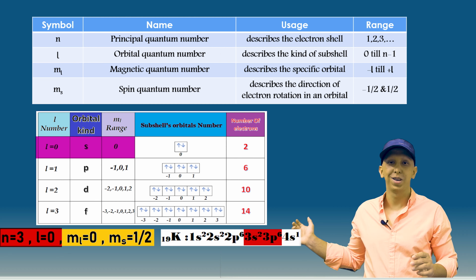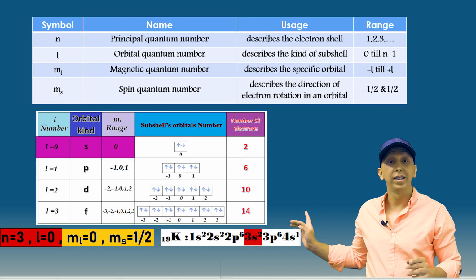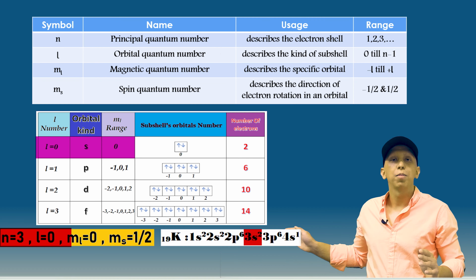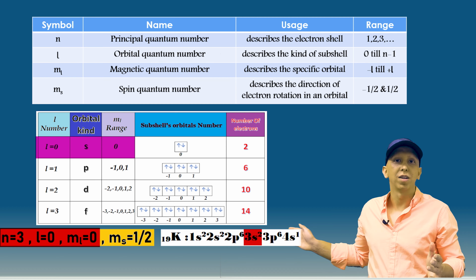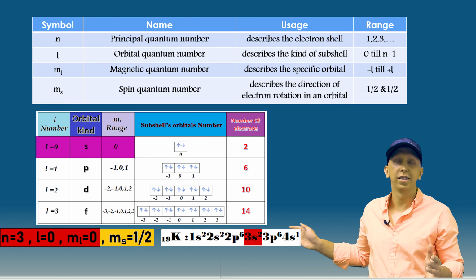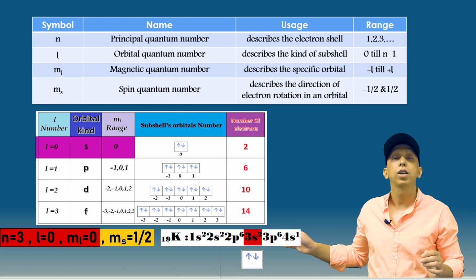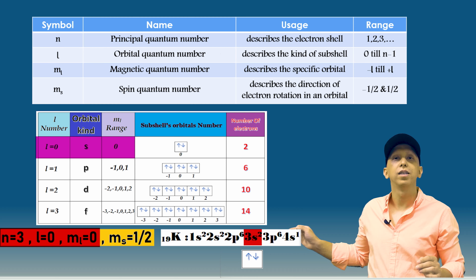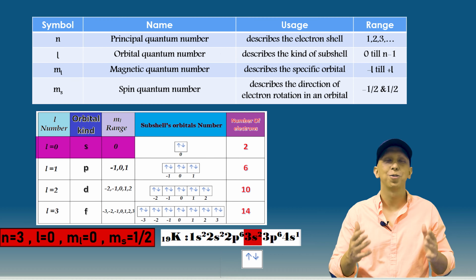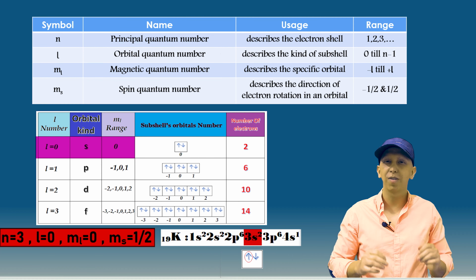So we ignore p and search in 3s2. It said m sub L is 0, which is normal because when L is 0, the m sub L range is only 0. So we draw its orbital with 2 electrons, and the last value told us that m sub s is positive 1/2. So we found it.